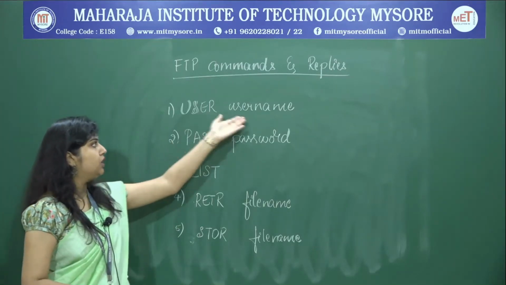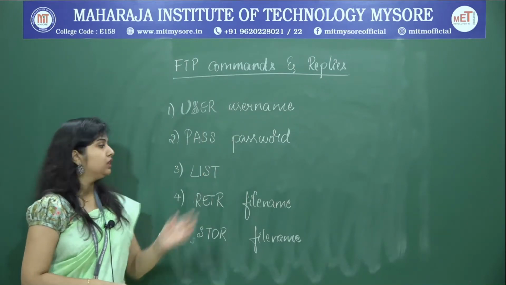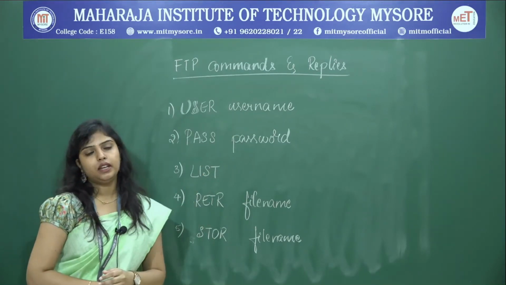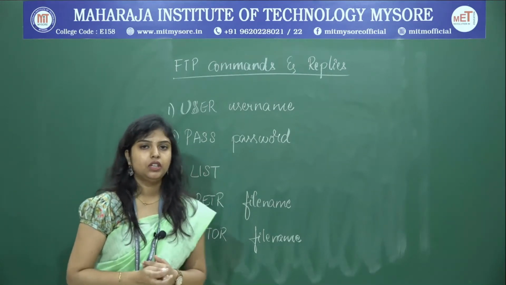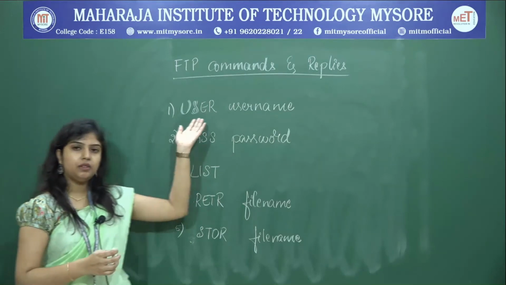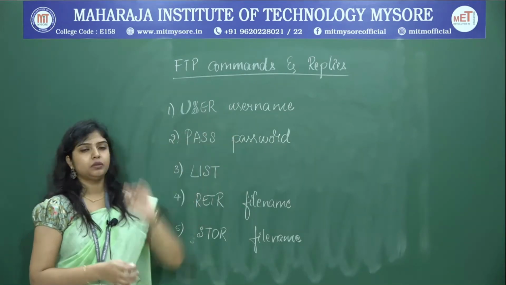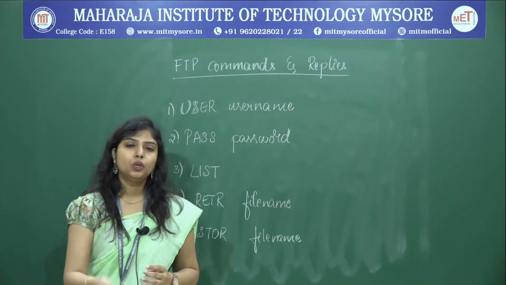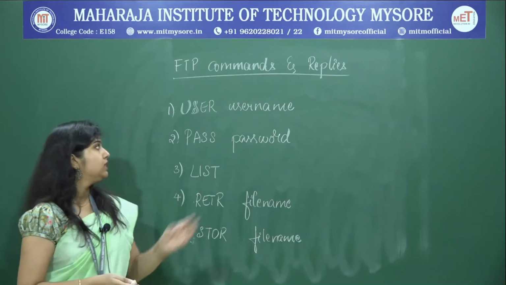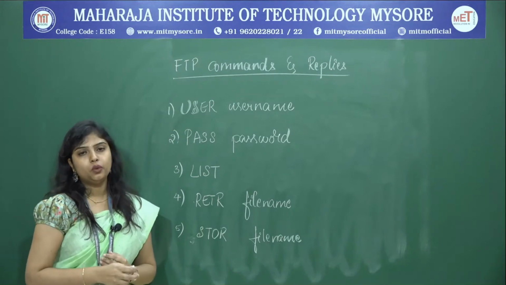These are all commands, hence they will be sent through the TCP control connection. The first common command is username. If we want to authenticate ourselves, we have to provide the user ID and the password. That is why we have to provide the username.